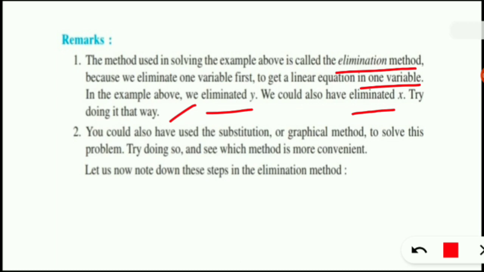We could also have used the substitution or graphical method to solve these problems. Try doing so and see which method is more convenient. Okay, try this using the graphical method and substitution method. Clear?